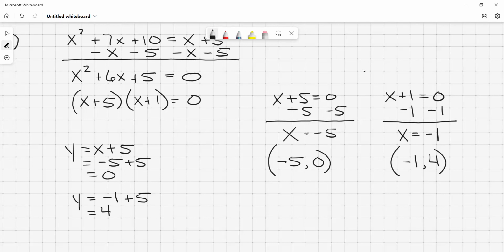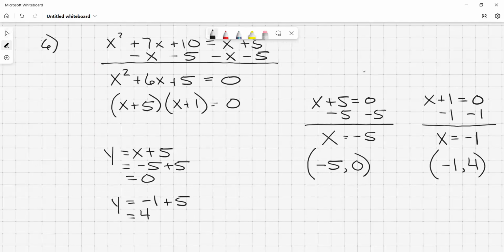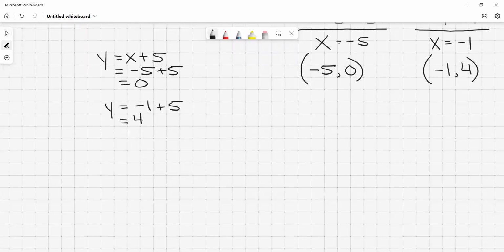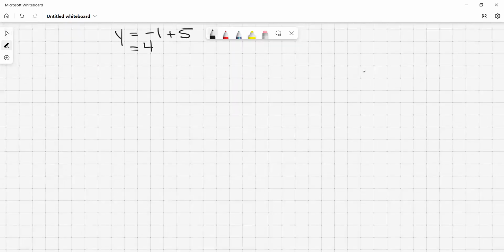All right, number 7, you're going to do the same way, but I'm not going to do the whole number 7. I want you to look at it though. One of your equations is y equals x squared minus 3x minus 1, but your other equation is y plus x equals 2. This isn't in y equals form yet.